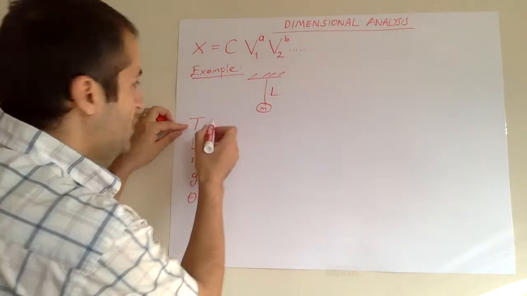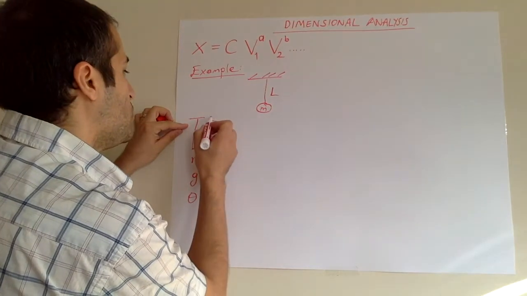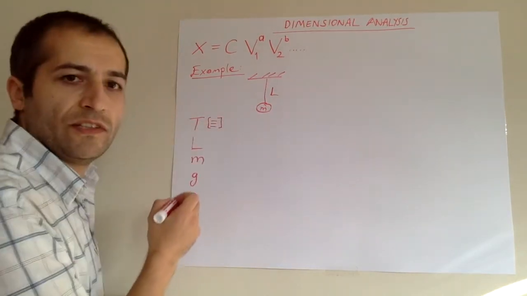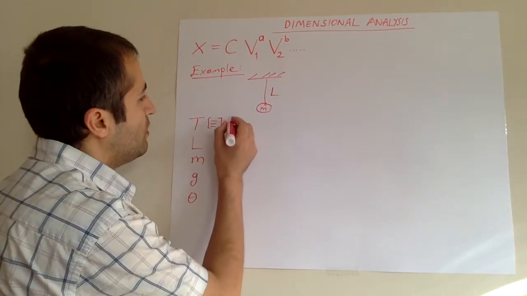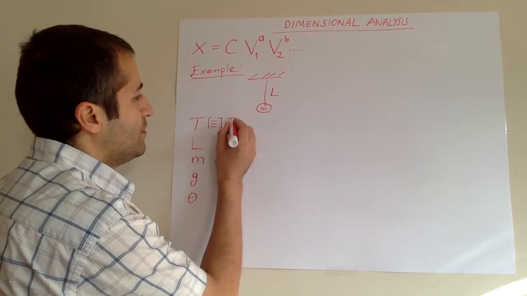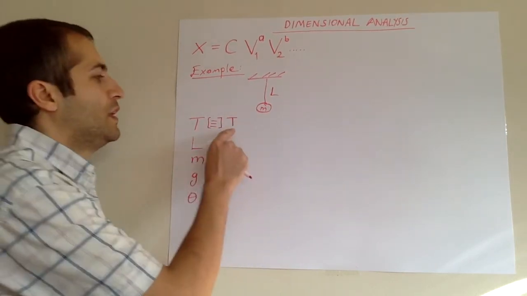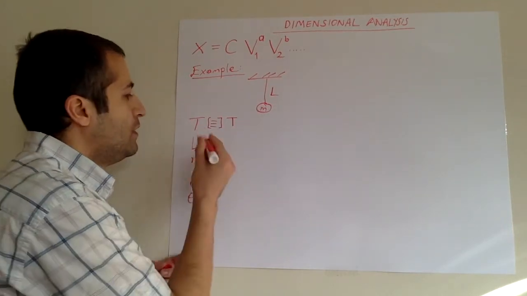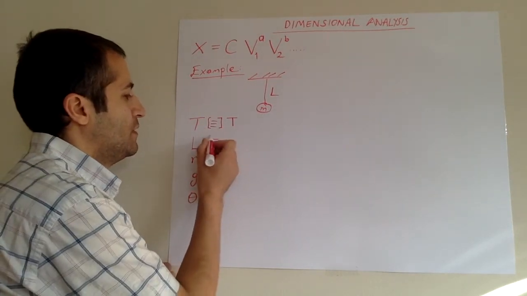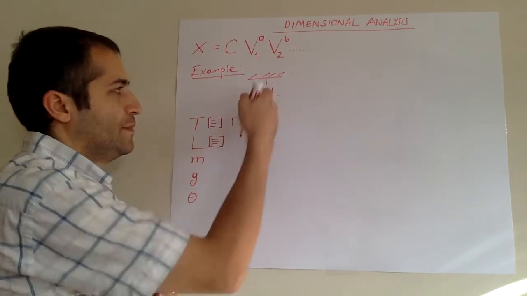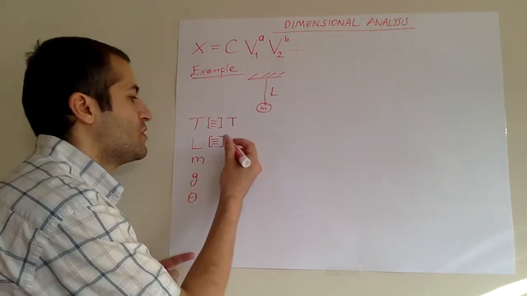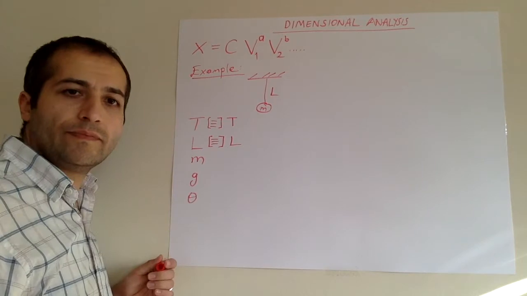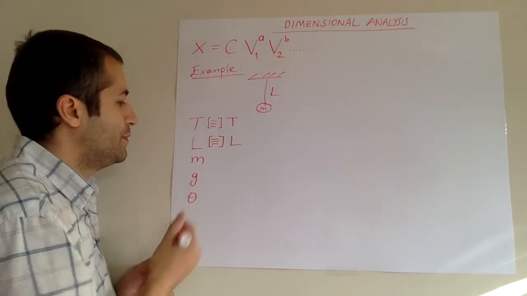The unit of the period is in time units. You can either write seconds here, or you can write t, which denotes time. For L, the unit is length units, which is in meters, or you can just write capital L to denote length.